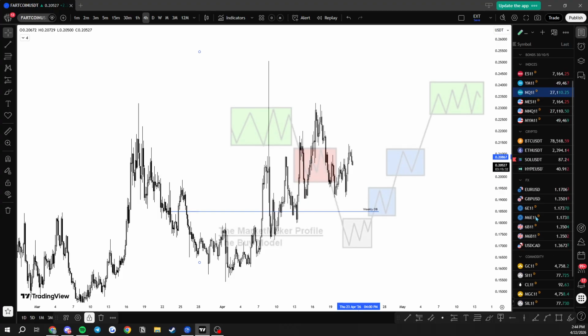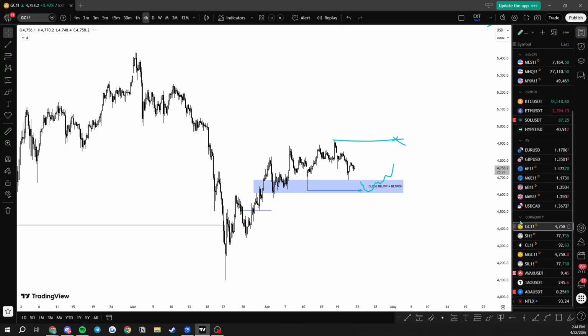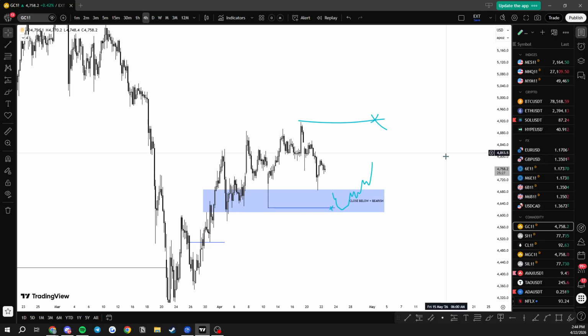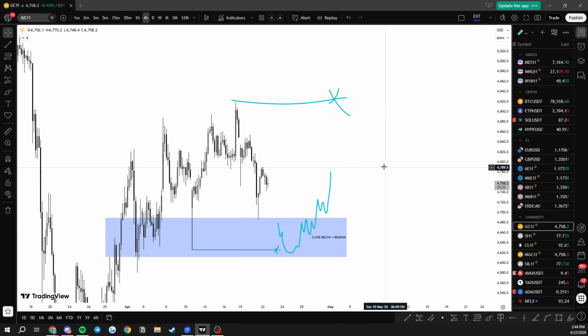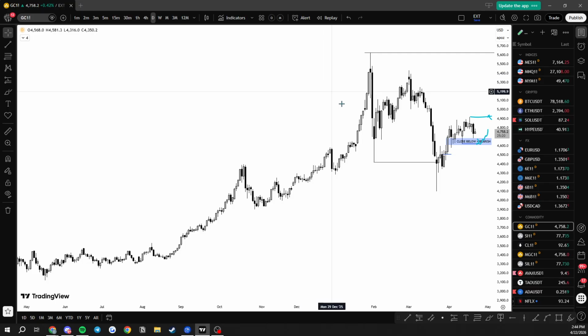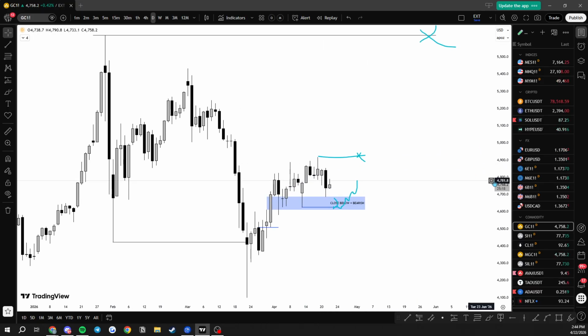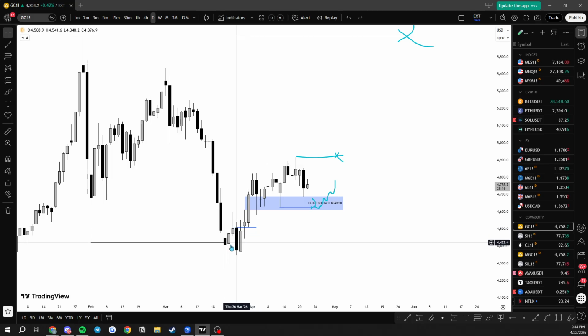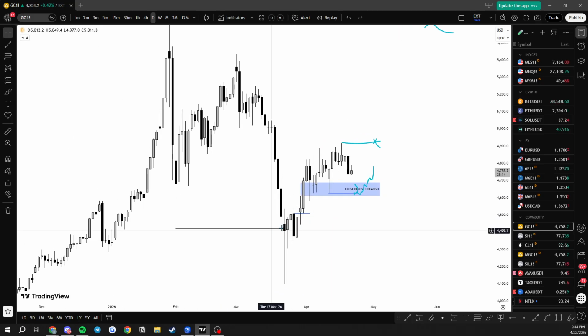What else we got? We got gold. Still waiting. We're still waiting for gold. Gold's doing its thing, like we said, right? It's just kind of viewing this as consolidation, and there's nothing wrong with consolidation, especially on the buy side of the curve. We expect that we get one of two scenarios in consolidation.